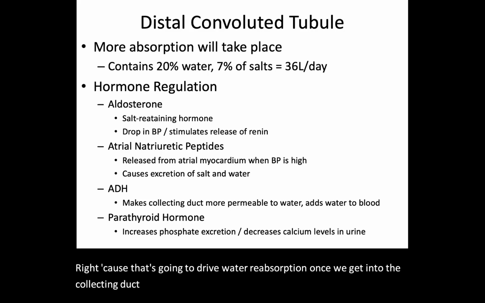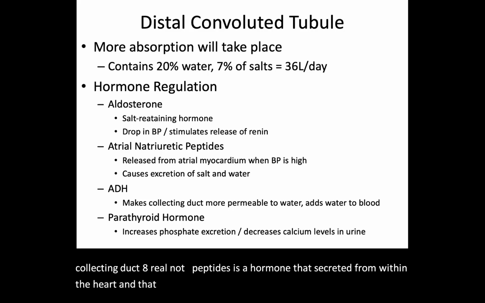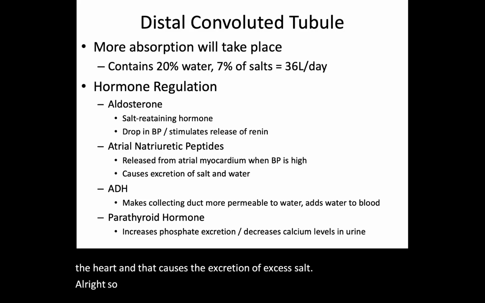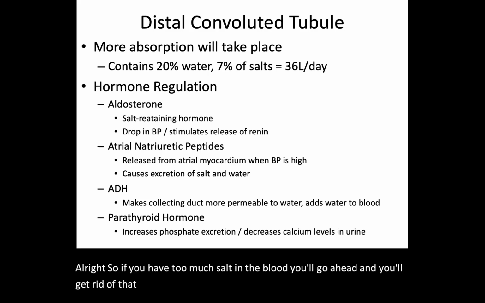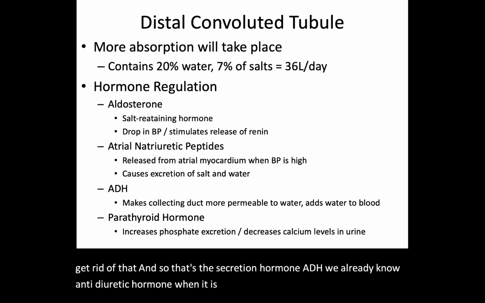Atrial natriuretic peptide is a hormone that's secreted from within the heart, and that causes the excretion of excess salt. All right, so if you have too much salt in the blood, you'll go ahead and get rid of that, and so that's a secretion hormone. ADH, we already know, antidiuretic hormone, when it is secreted, reduces the amount of urine that is produced.